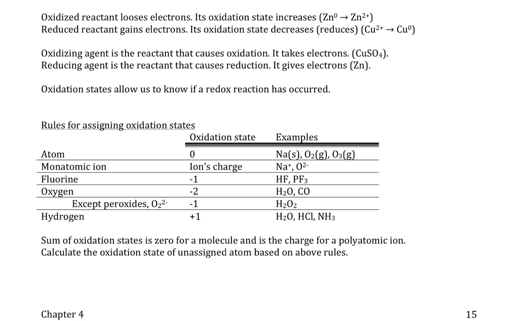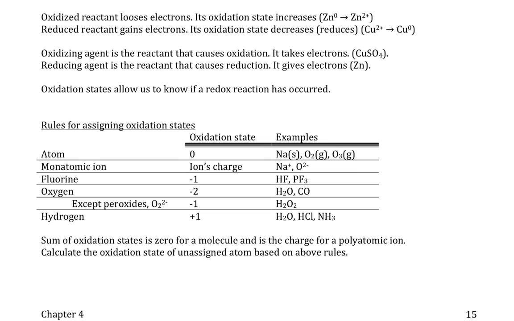So that would be like sodium, oxygen, O2, ozone, O3, or zinc or copper. Their oxidation states are 0. When we have a monatomic ion like Na+, like O2-, or like Zn2+, or Cu2+, the oxidation state is the ion's charge.